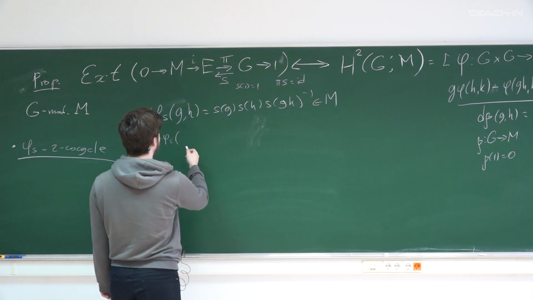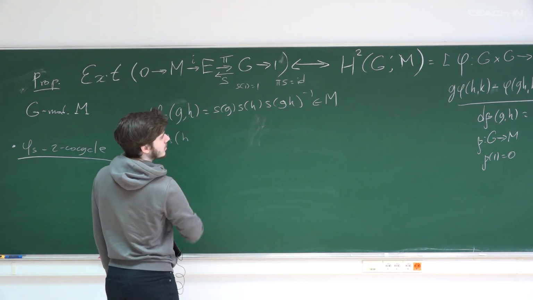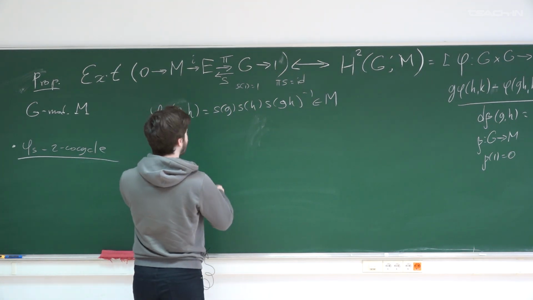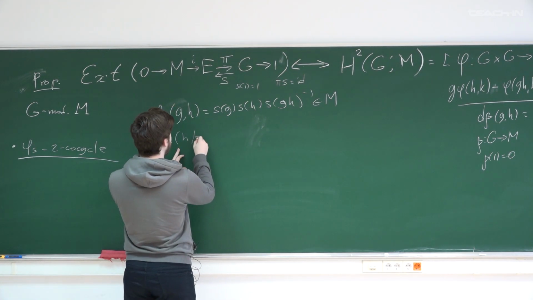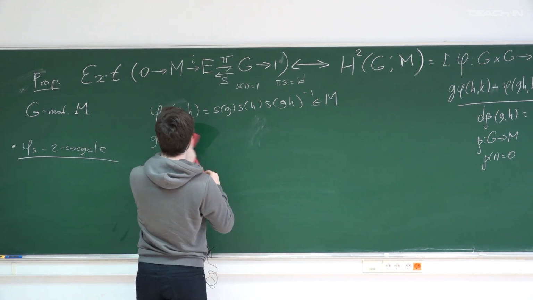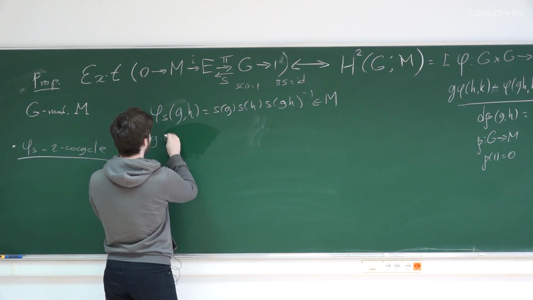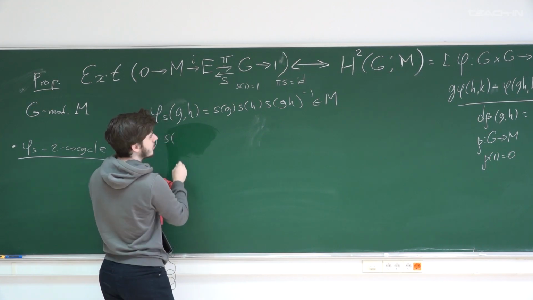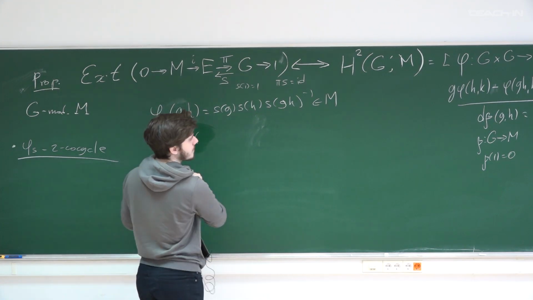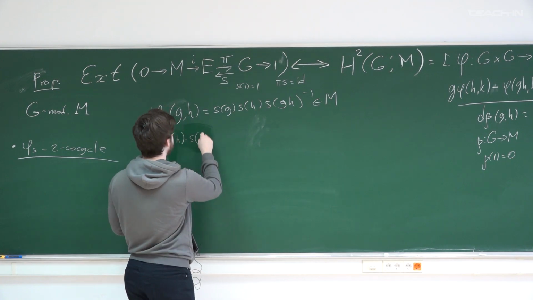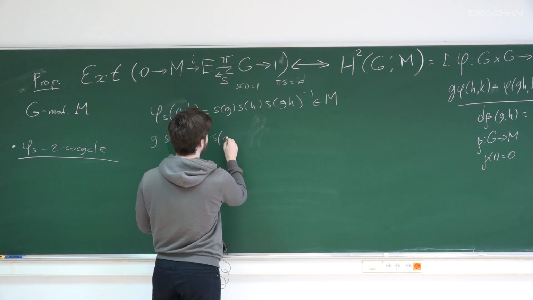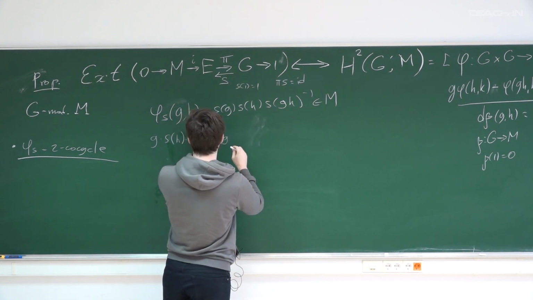It's more or less obvious that it's reduced, because if g or h is a unit, then it's of course 0. Yes, we need to check the cocycle condition.